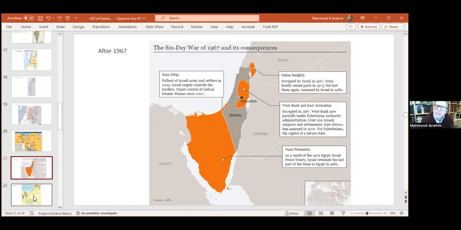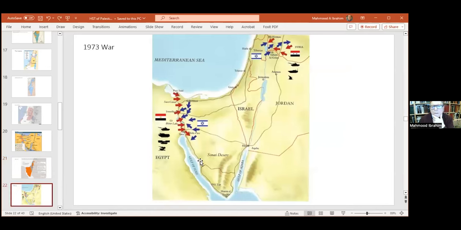Many territories had been taken by Israel in '67, and of course, that eventually would lead to the 1973 war, which you can call the Ramadan War, the Yom Kippur War, the 1973 October War, as it happened to be in October.